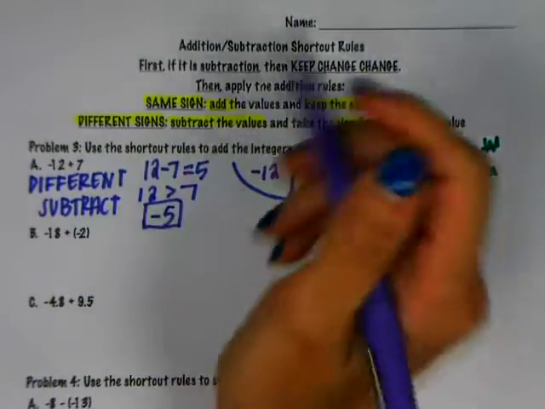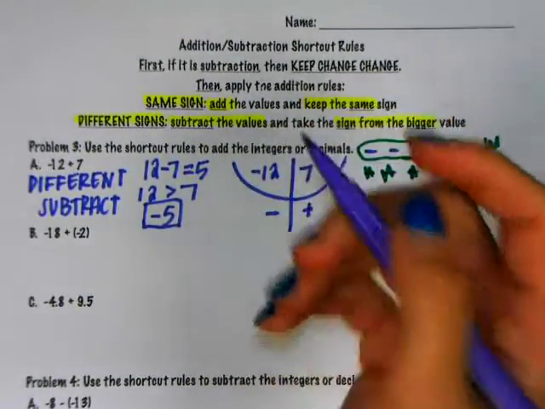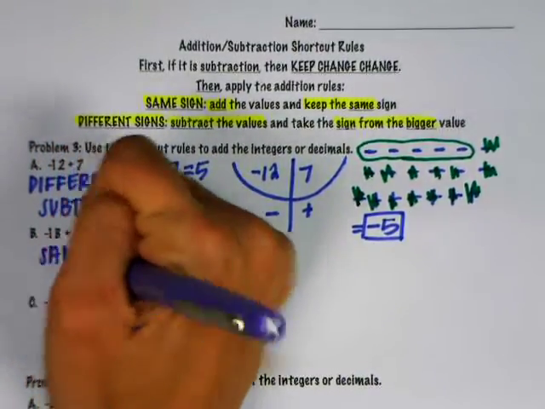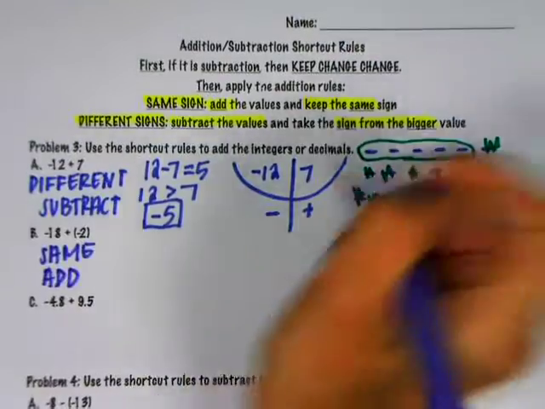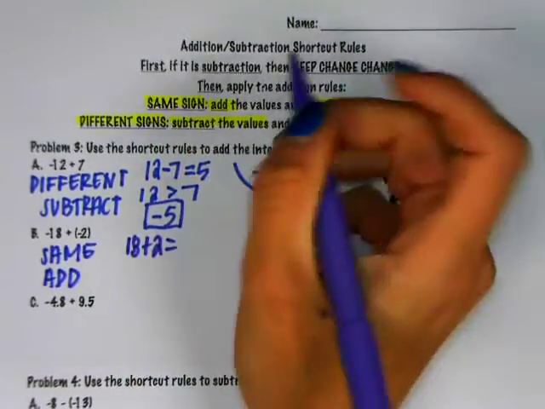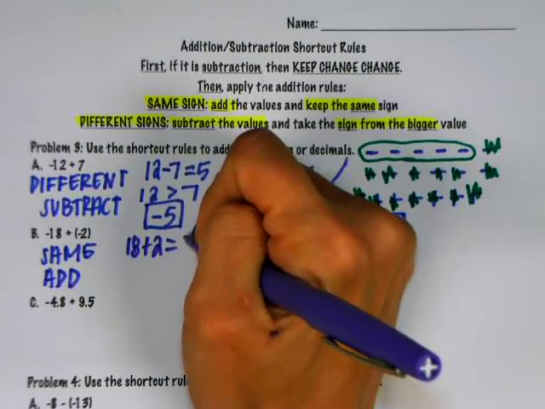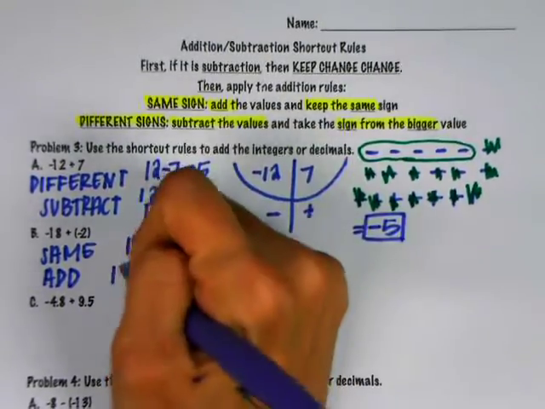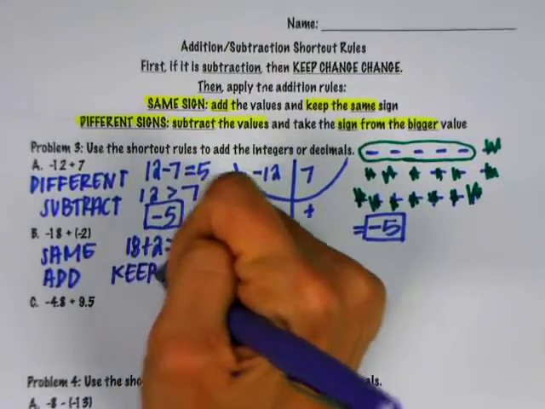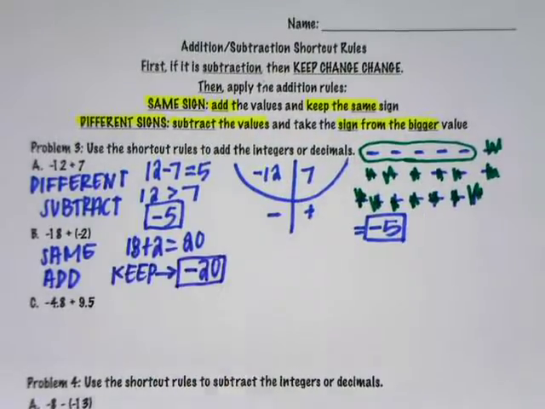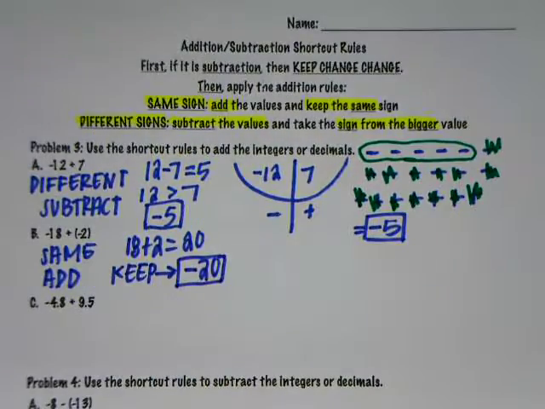So if you have -18 and -2, what the rules say is same sign, so you add. So you do 18 plus 2, which is what? 20, yep. And then you keep the sign that they both were. So since they were both negative, you're going to get -20. Okay? That's what the textbook rules tell you to do.